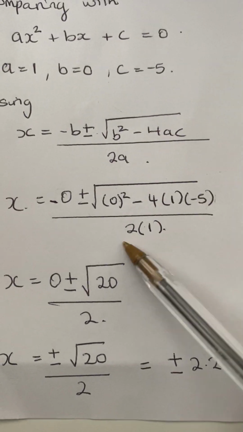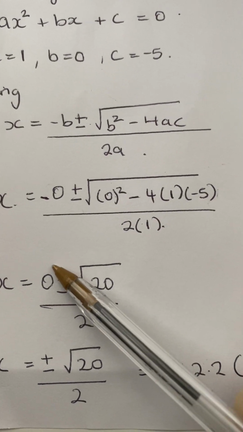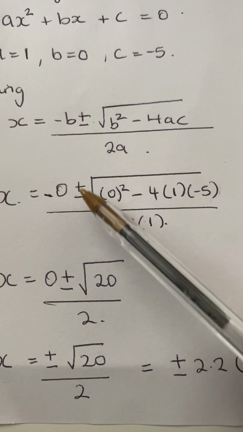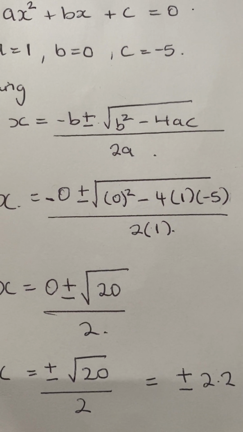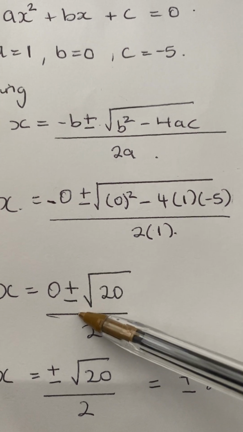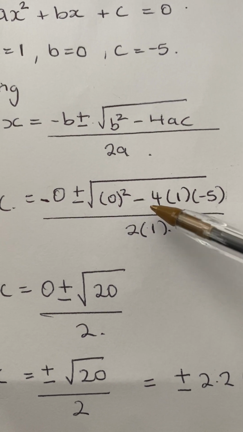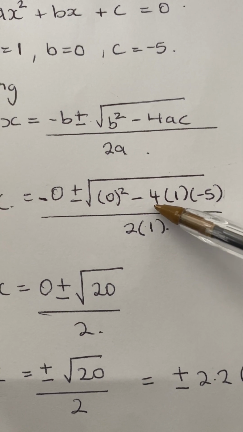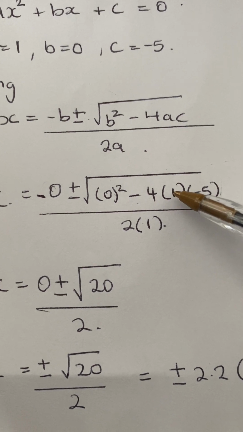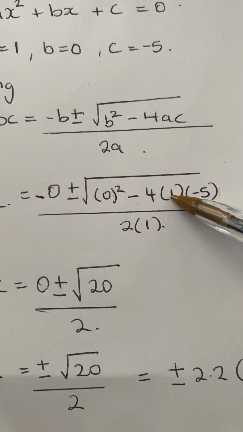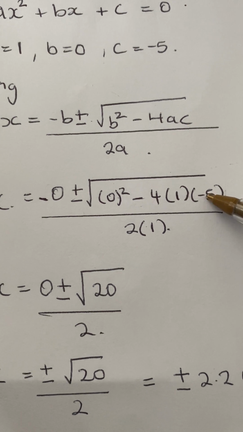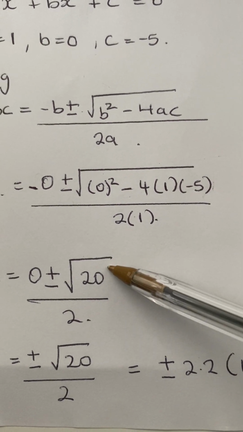If we simplify further, we have minus 0 and 0 are the same, plus or minus 0 squared is 0, minus 4 times 1 is minus 4, times minus 5, which is 20.